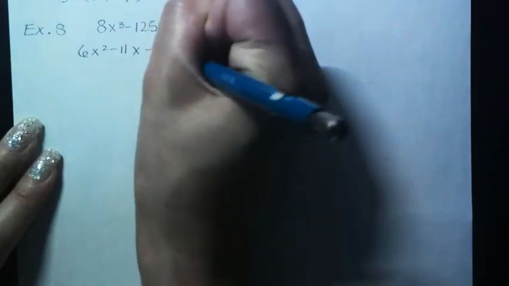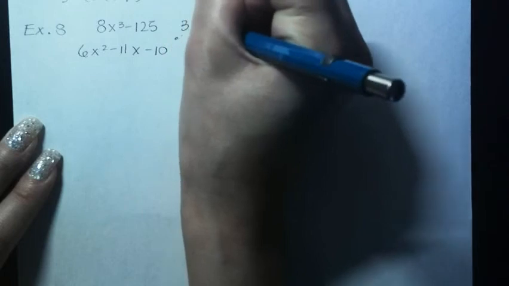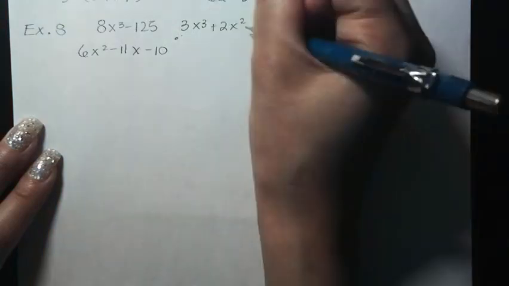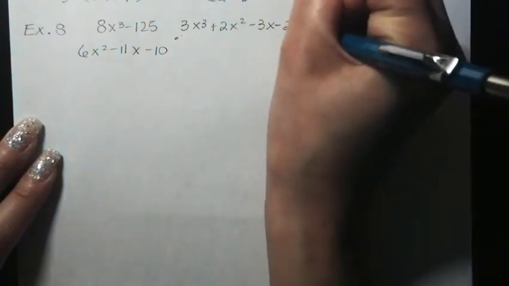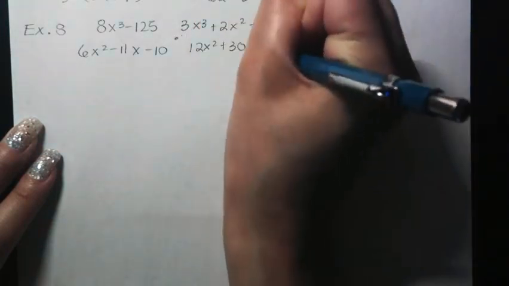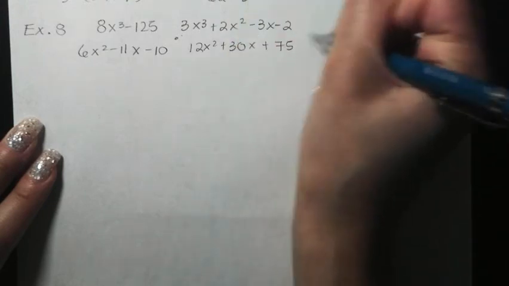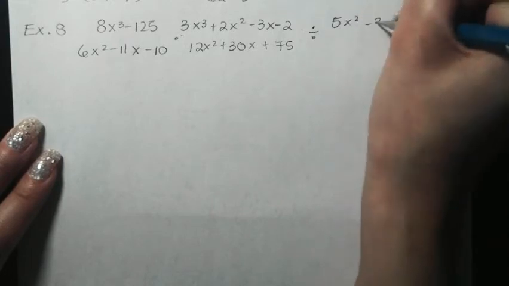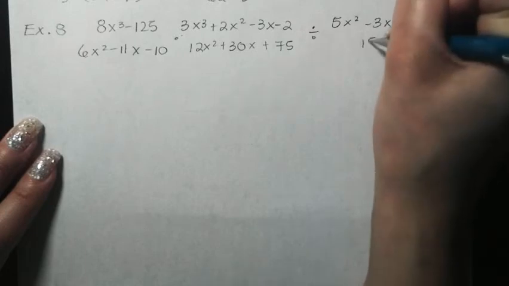So we have 8x to the power 3 minus 125, divided by 6x squared minus 11x minus 10, and this is a multiplication, so we have 3x cubed plus 2x squared minus 3x minus 2, divided by 12x squared plus 30x plus 75, divided by 5x squared minus 3x minus 2 over 15.